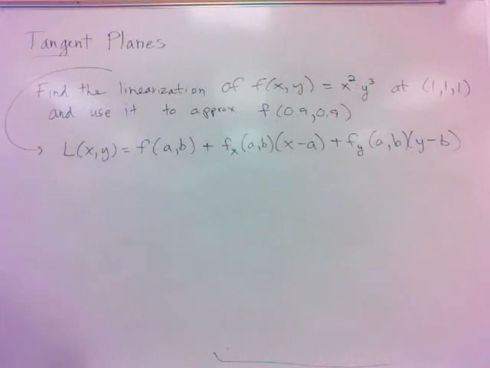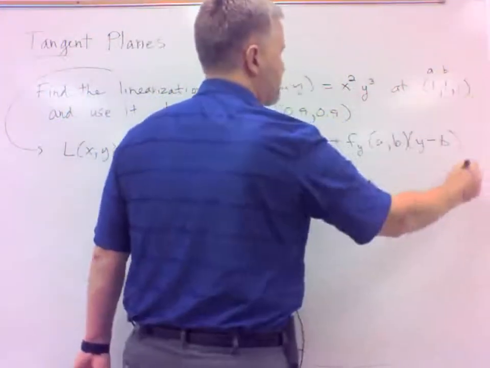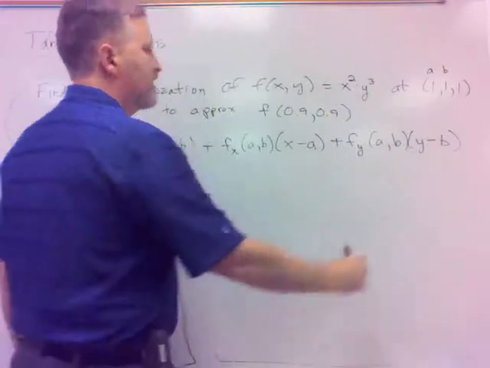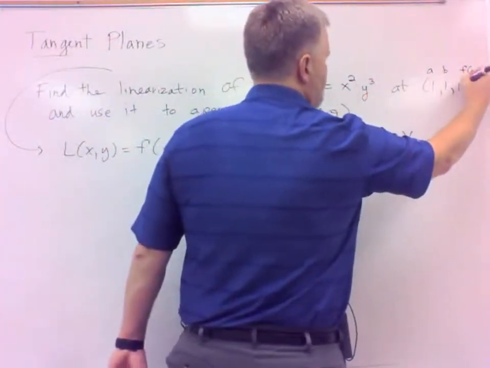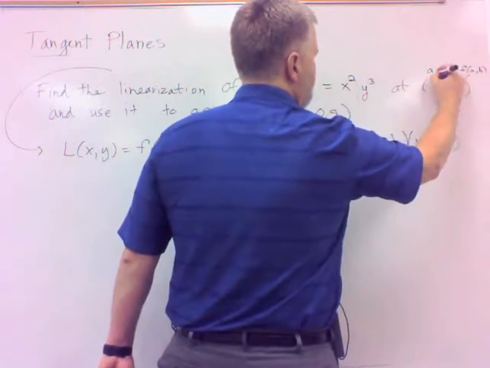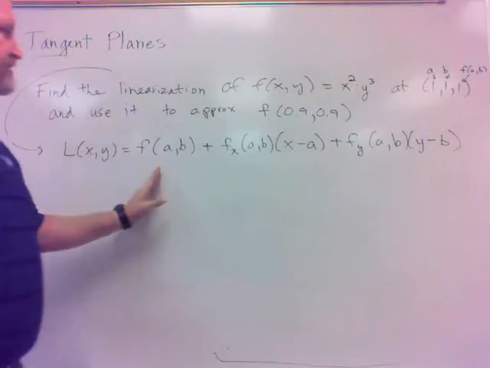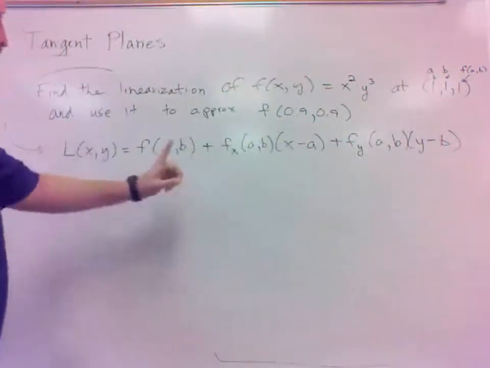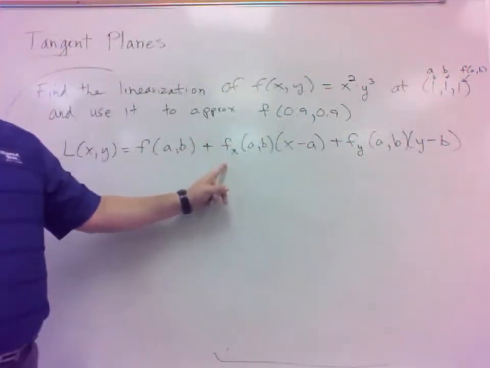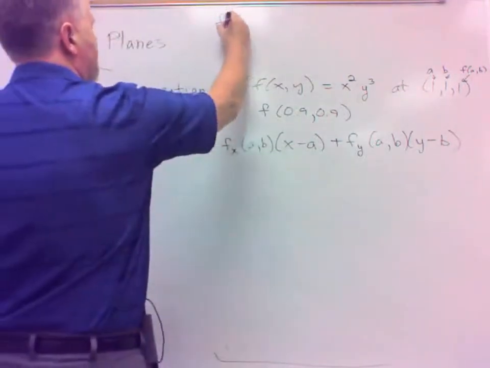In this case a and b are 1 and 1. Nicely, the function value at (a, b) has all 1s, so we know this is 1, a is 1, b is 1. The only thing we need to come up with is the partial of f with respect to x and the partial of f with respect to y.